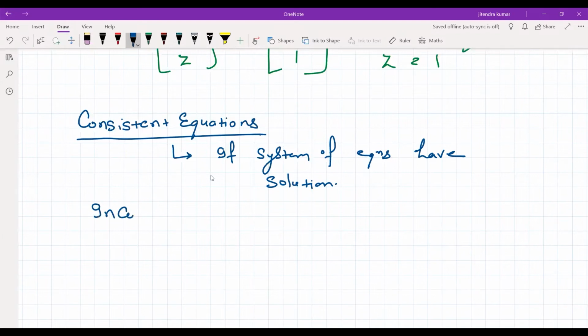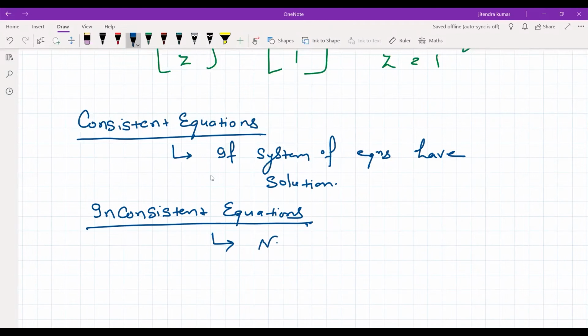Inconsistent is just the opposite, where we will not be able to find any solution. So in this case, we will not be able to find any solution. So these are the consistent and inconsistent equations.